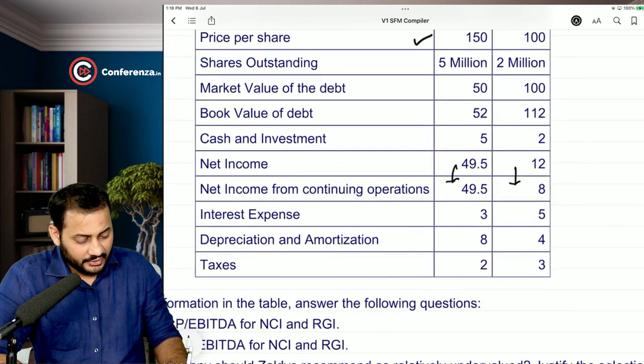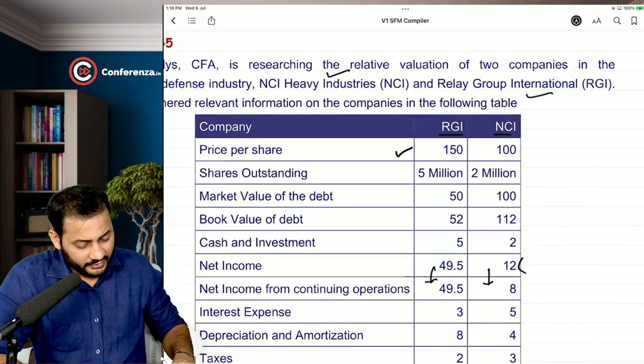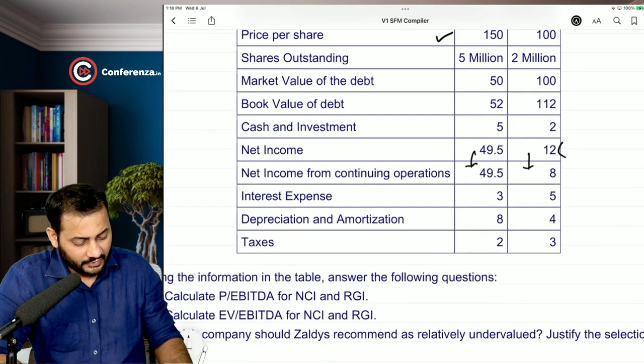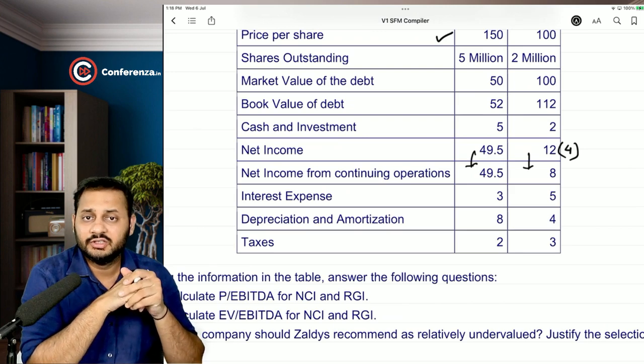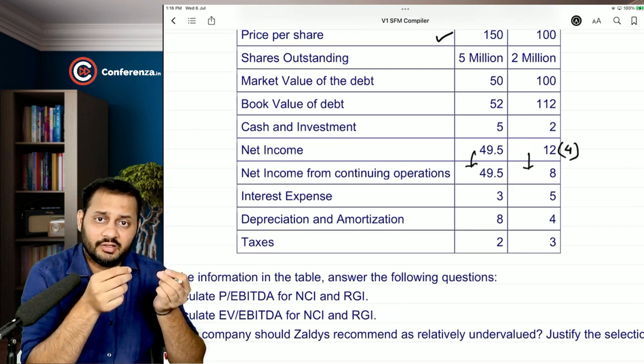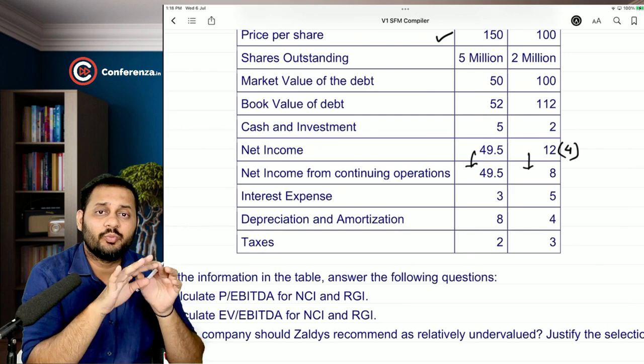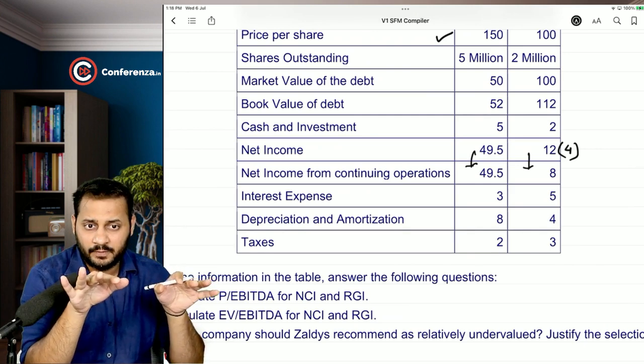That means in 12, whatever it is, 12 million, 4 million or something is included, which is the profit, but those operations have been discontinued now.